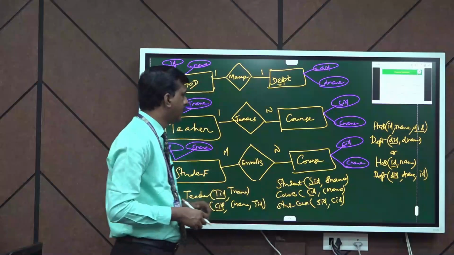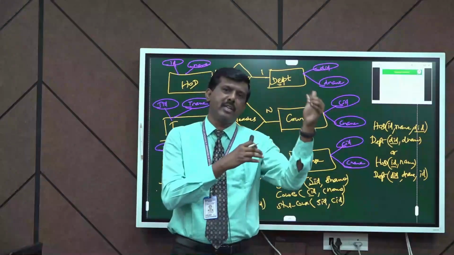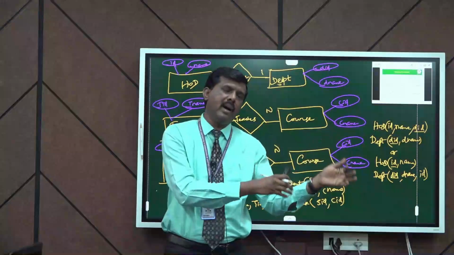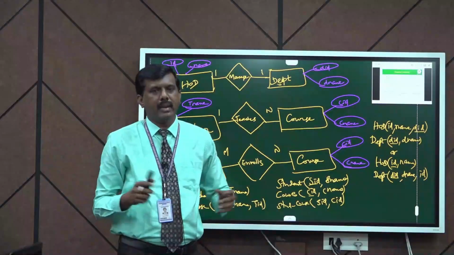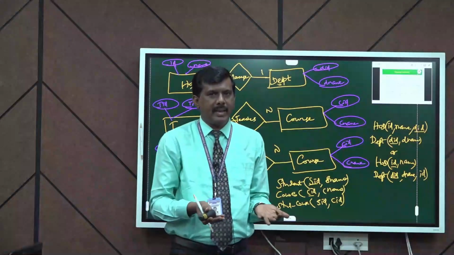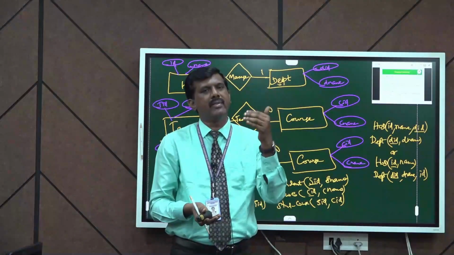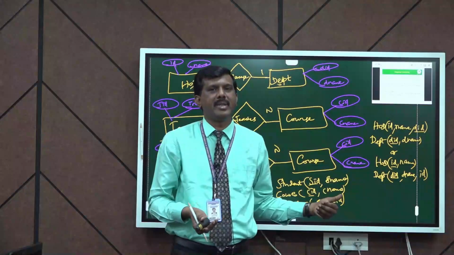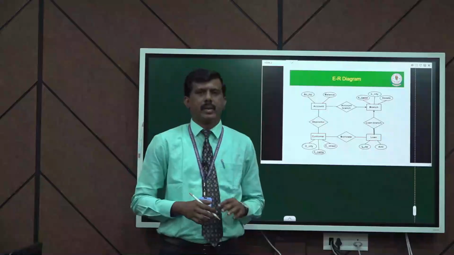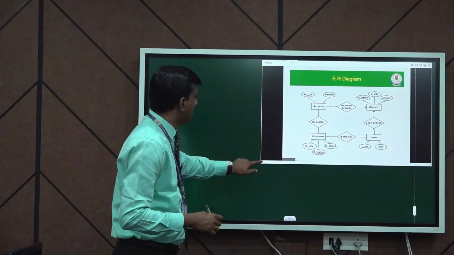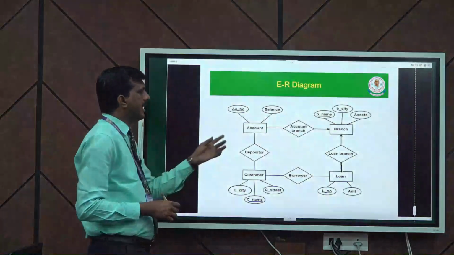Now, we have discussed various components of an ER diagram and how they could be converted into a relational model. Now, we take one ER diagram as a whole and try to convert that ER diagram into a relational model. Consider this ER diagram.